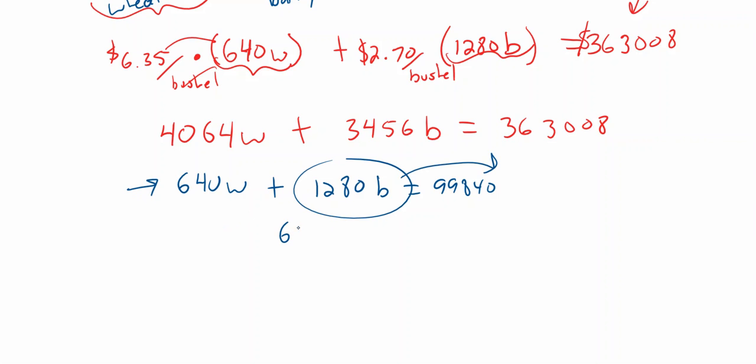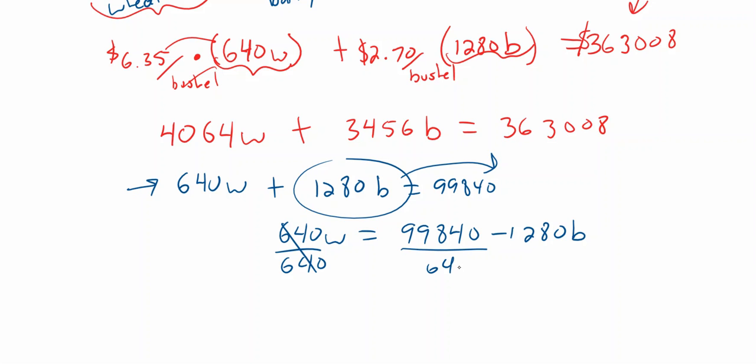So we've got 640W is equal to 9,840 minus 1280B, and then I'm just going to divide everything by 640, so this by 640 and this by 640.